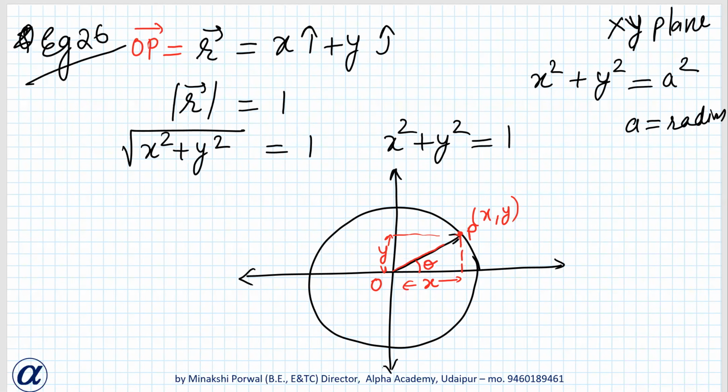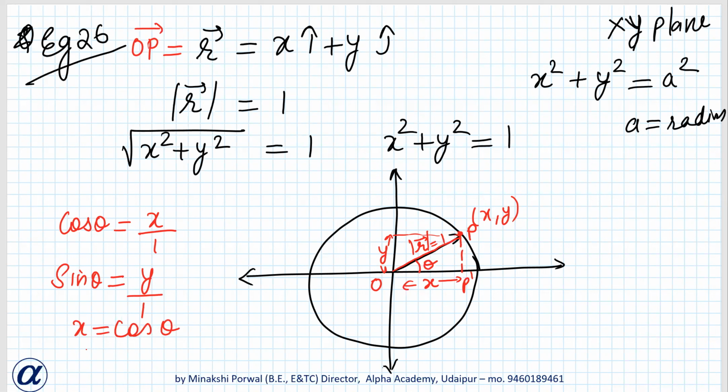Now if we apply trigonometry here, cos theta is base upon hypotenuse, and the value of hypotenuse is 1. Sin theta is perpendicular, that is y, upon hypotenuse, which is 1. So x is cos theta and y is sin theta.